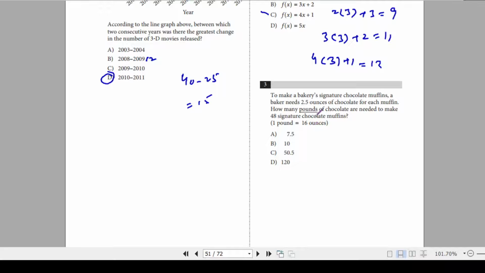Okay. So for now, you need 2.5 ounces of chocolate for one muffin. So let's do this. Chocolate, muffins. 2.5 ounces for one muffin, and for how many muffins? 48 muffins.